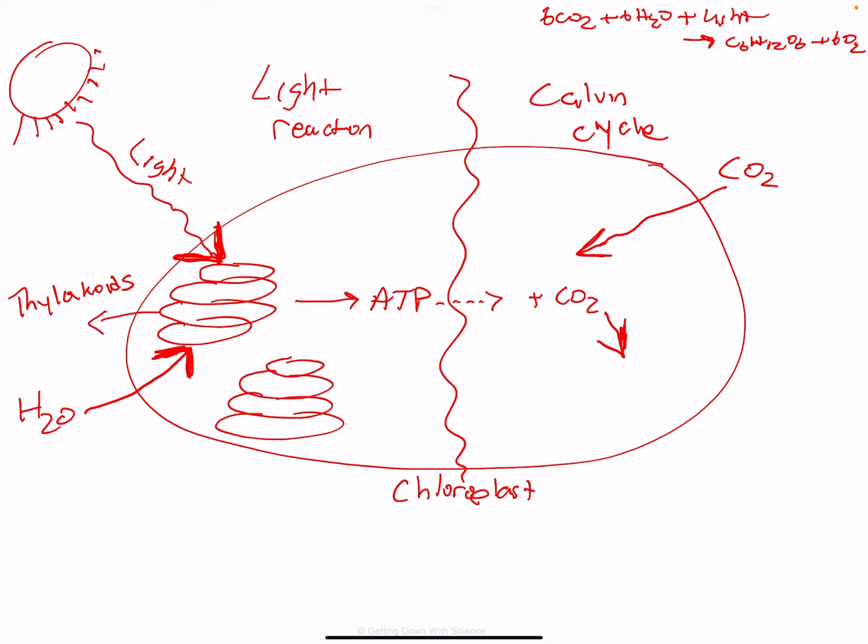And I'm stopping again for you to hopefully tell me that the incorporation of CO2 into the chloroplast using the ATP we made will generate our glucose, which again is our sugar and the food that the plant needs to survive. And that's photosynthesis in a very simplified way.